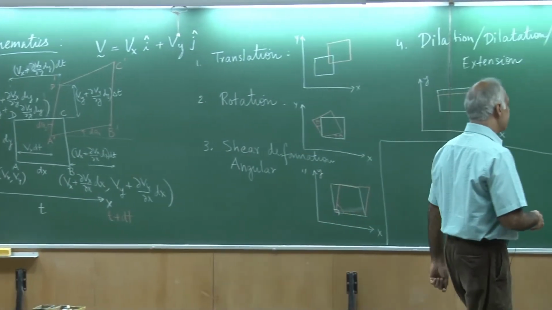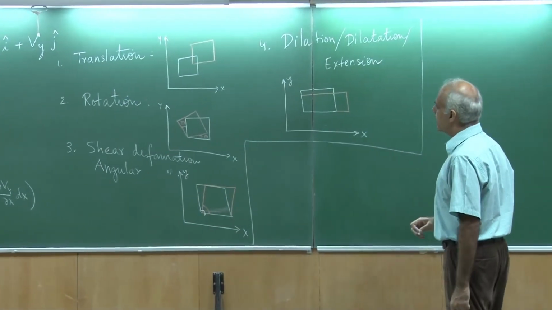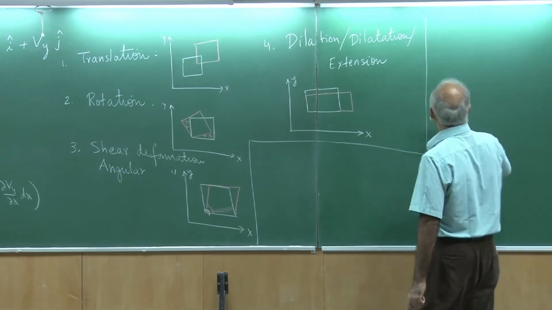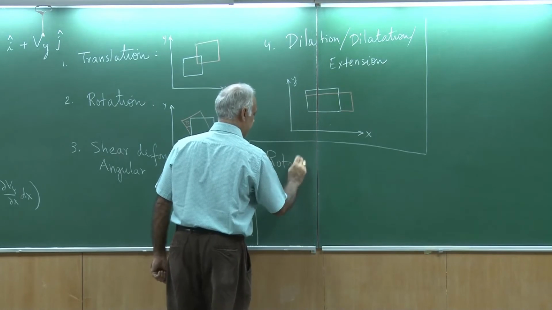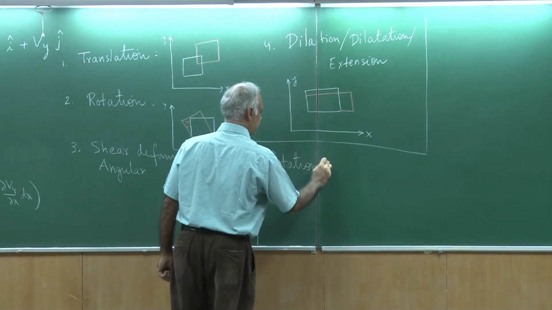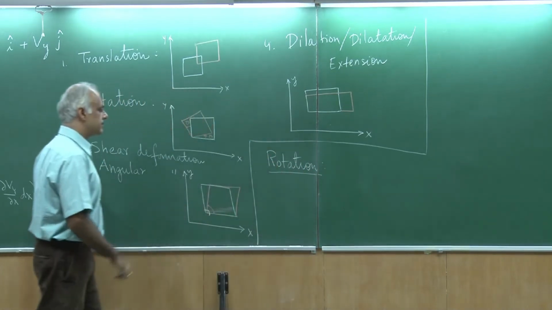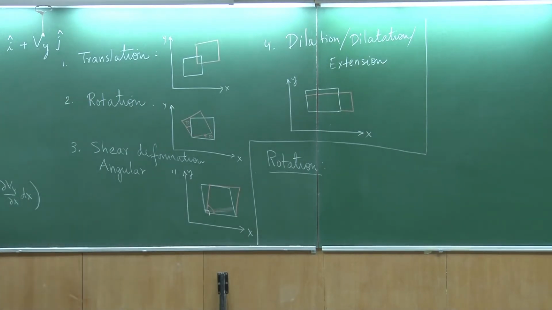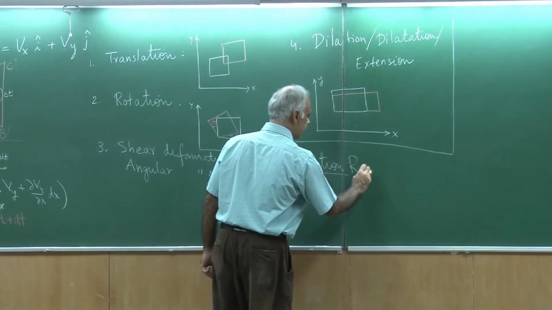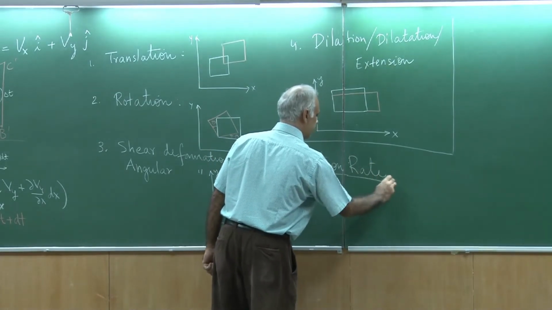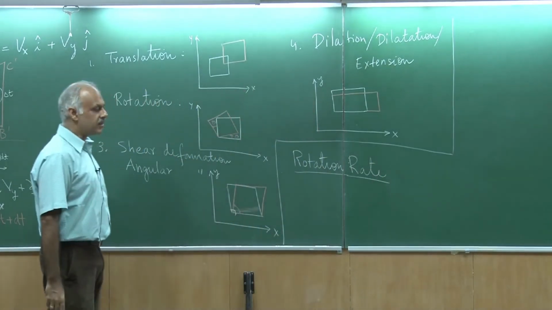So, the first thing that I want to estimate is the rotation. In fact, I would like to call this the rotation rate. I want to estimate the rate of rotation.